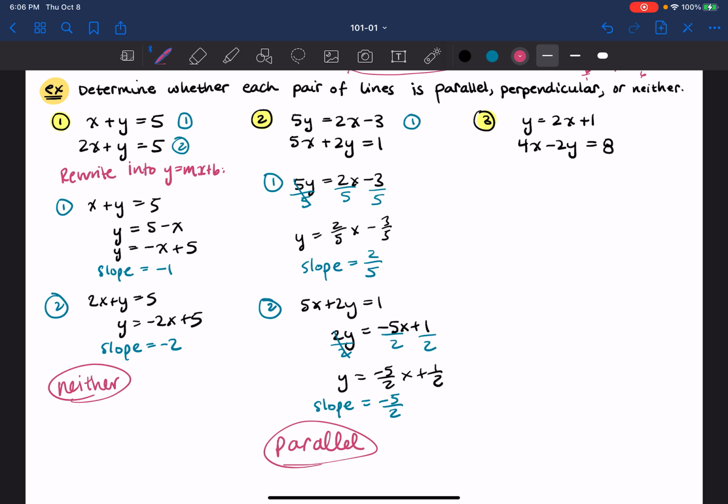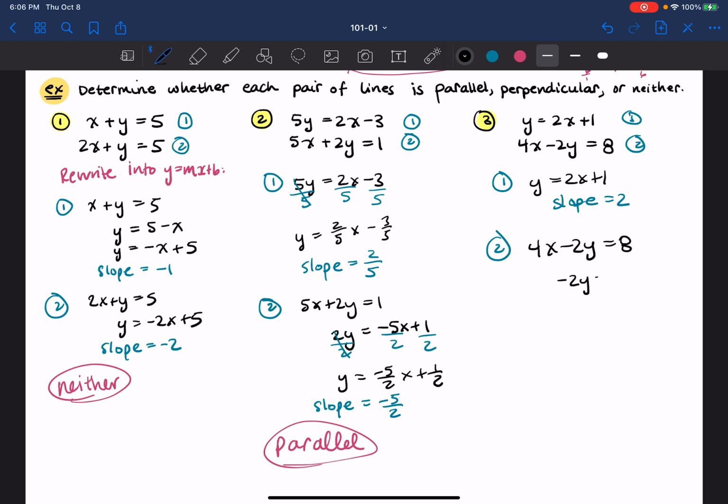All right, example 3. Oh, I didn't label that one. There we go. Let's again rewrite each one of these. That one's good to go, already in mx plus b form. Slope is 2. Let's find equation number 2. Write it in mx plus b form. Let's get the y alone, so maybe I'll subtract 4x from both sides.